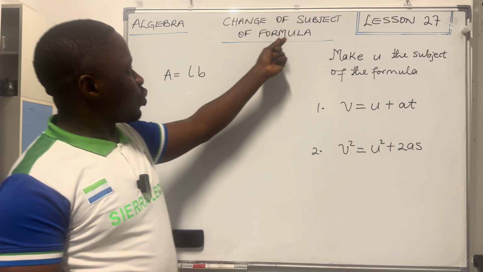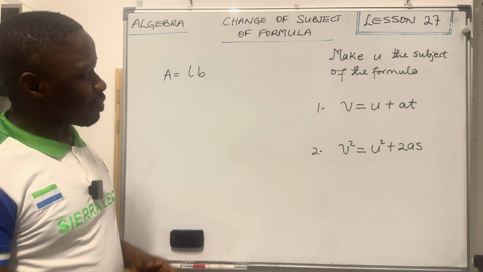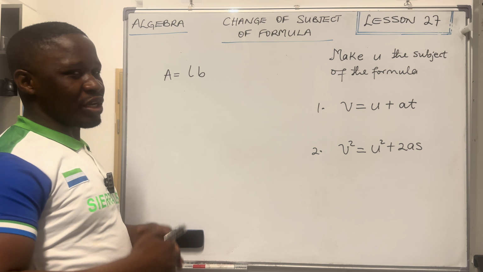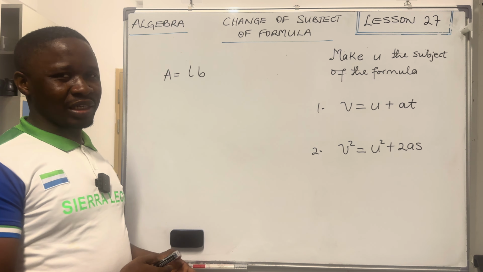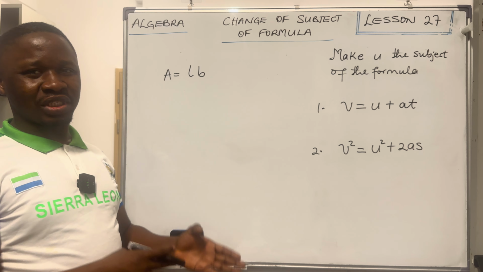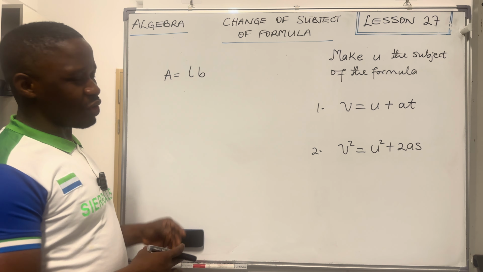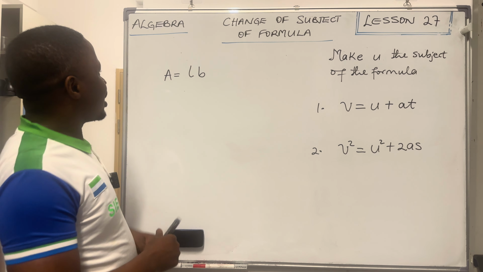So, what do we understand by subject here? Subject here is not like when you say math, or science, or English, or biology, physics, chemistry. This is not what we mean by subject here.